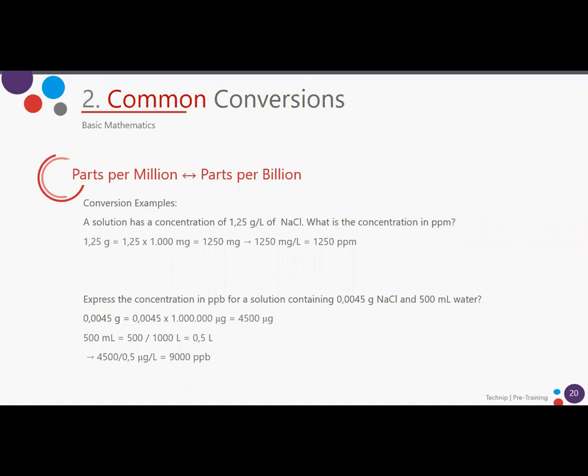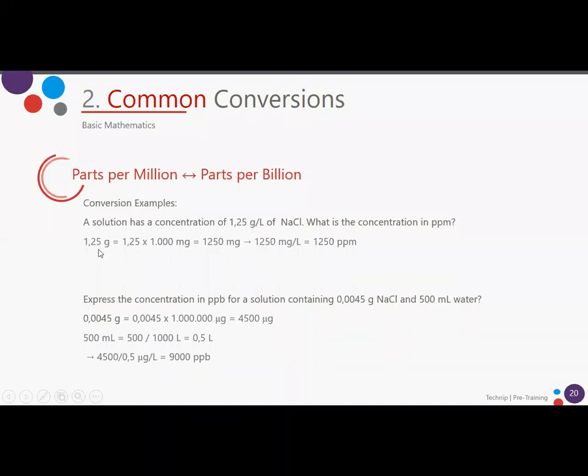Okay, so then again, we have aqueous solutions. We have the first example, a solution with 1.25 grams per liter of sodium chloride. And I want to know this concentration in ppm, parts per million. So as we remember on the slide before, we've seen that 1 milligram per liter is 1 ppm. So first step, I convert my grams to milligrams by multiplying my grams by 1,000.